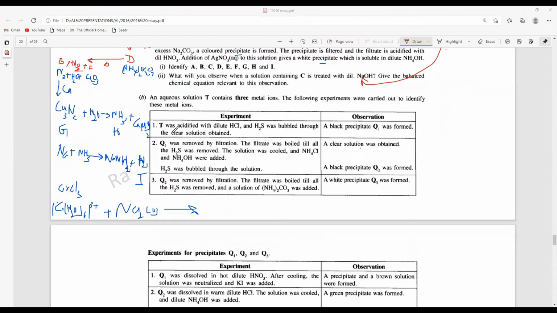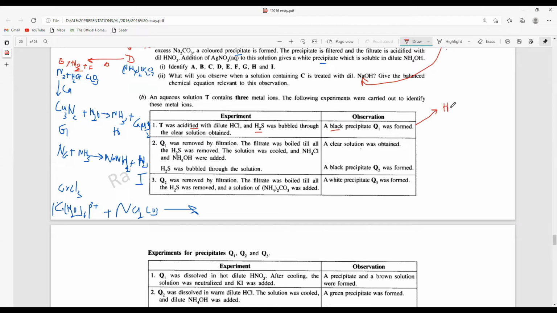So we will check. T was acidified with dilute HCl or HClO4, and H2S was bubbled through the clear solution obtained. A black precipitate. So this is the formation of sulfides in the acidic medium. What can be the sulfide that can form in the acidic medium that gives a black precipitate?